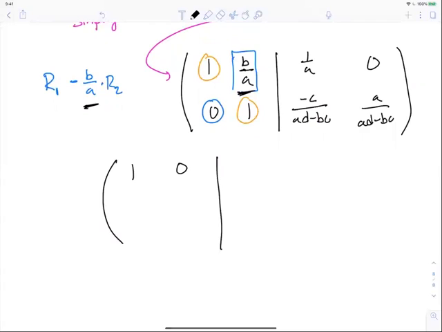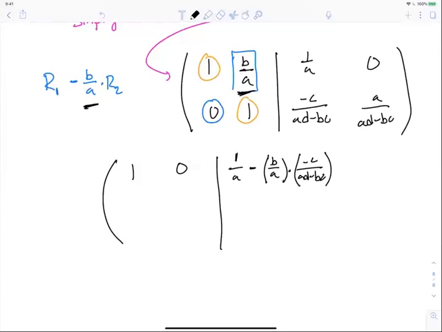All right, now this is where things might get algebraically odd. We're going to take what's currently there, and we're going to subtract B over A times minus C over AD minus BC.